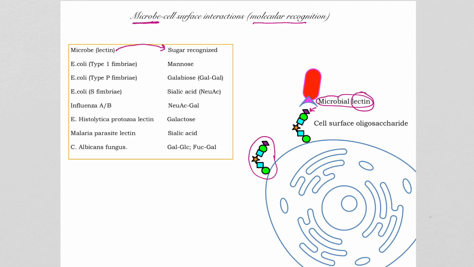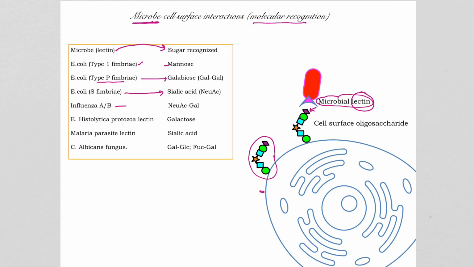Here are some examples. E. coli recognizing mannose on the surface of your cells. The type P fimbriae lectin recognizes galabiose, which is another sugar carbohydrate present on our cells, and so on. You can see some examples here.